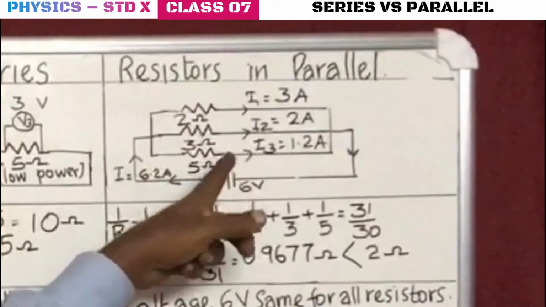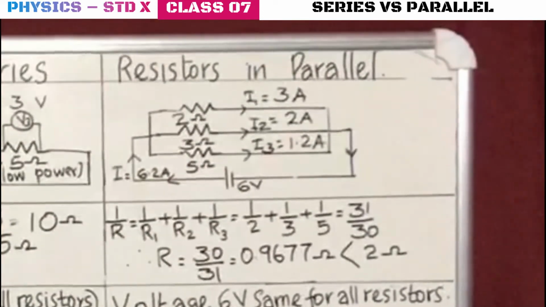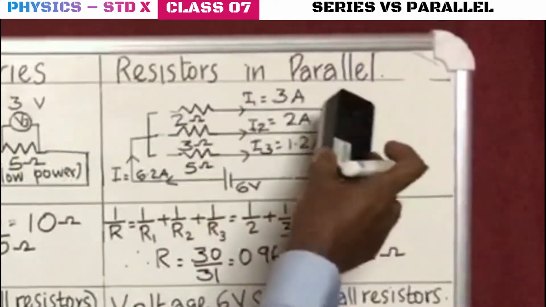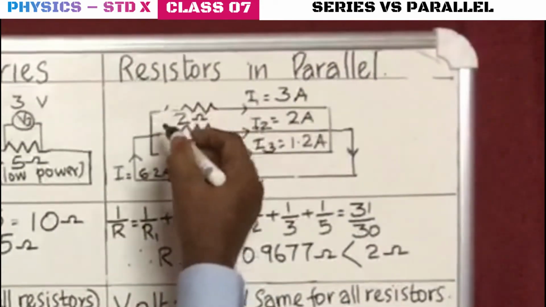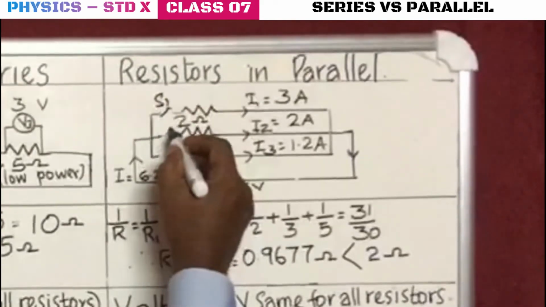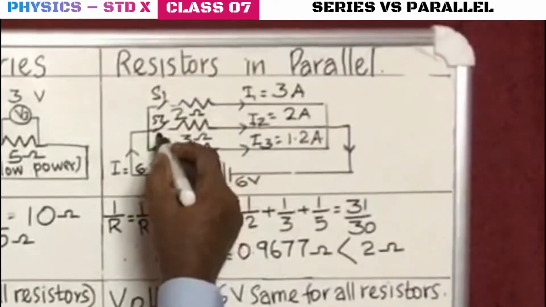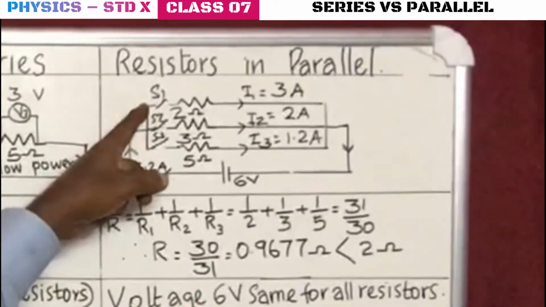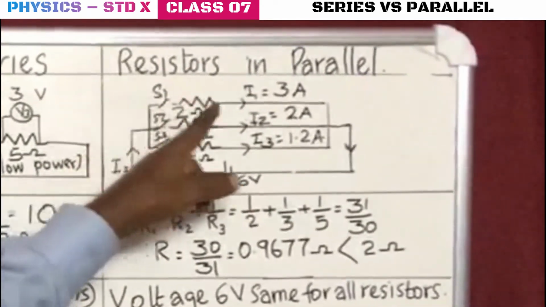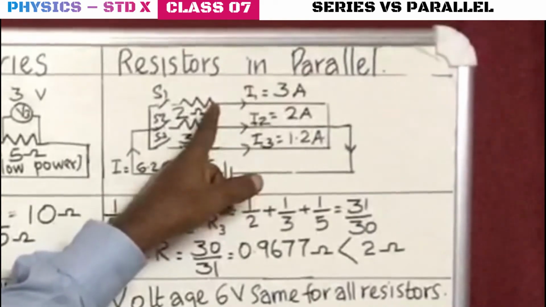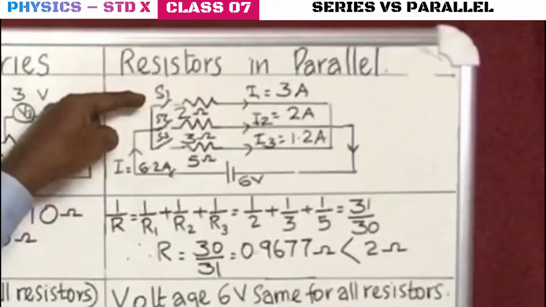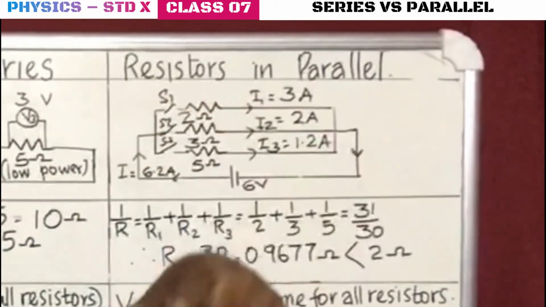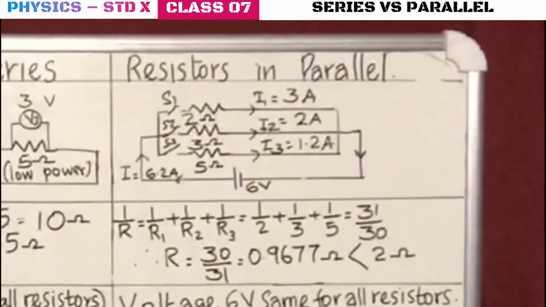Now coming to this, we can have a switch either here or here. Suppose I connect the switch here S1, here S2, S3. Each switch can operate a particular device or resistor. If I switch on switch 1, current will flow through that first branch, and we get I1 of 3 ampere.